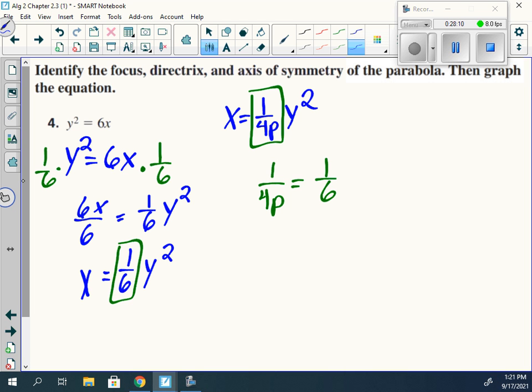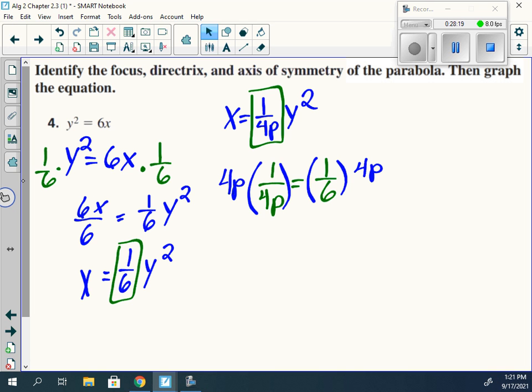What do we do next? Multiply both sides by 4p. Now the 4p and 4p will simplify, leaving us with just 1 is equal to 4p over 6.